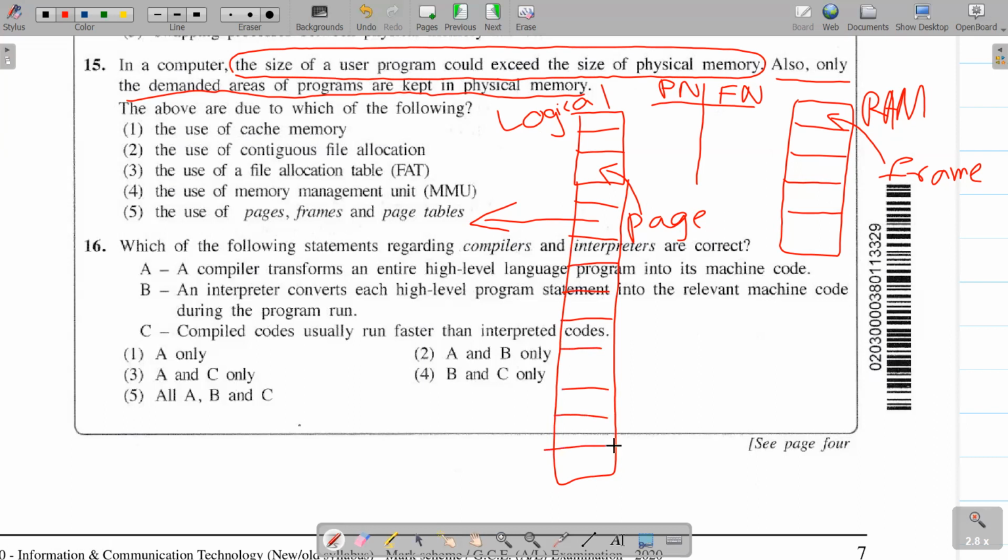Now this much of pages will not be able to occupy inside a smaller RAM, right? So what will happen? This page table will determine which of the pages are going to be in the RAM.